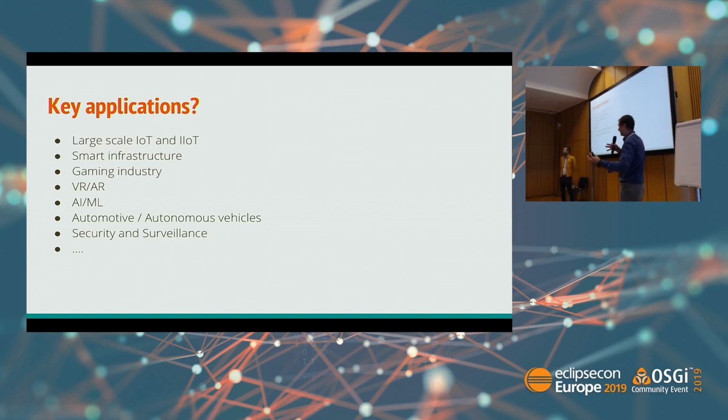Some specialized nodes that run close to the devices, like VR and ML, are good examples. Automotive I would put in smart infrastructure as well, because the car itself would need some kind of help from the local infrastructure to do processing. And of course security and surveillance, that's video.